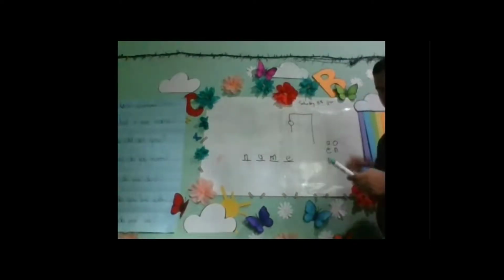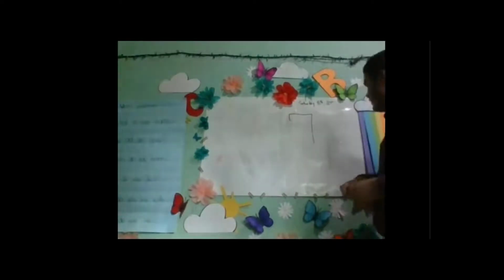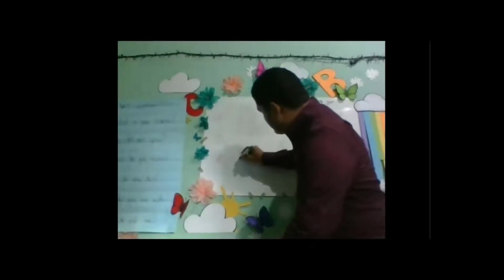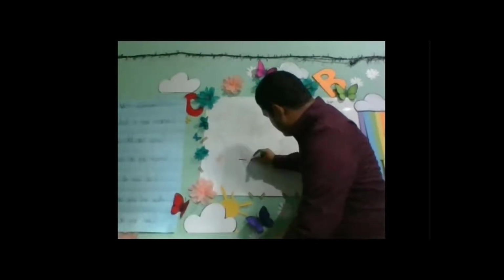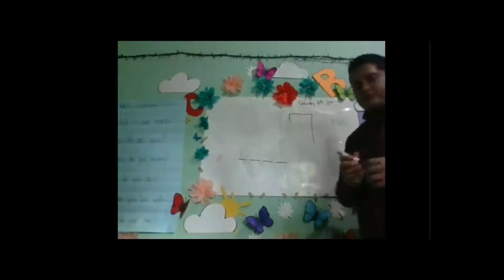You save the little man. Okay. The last one for this activity. I'm gonna write over here the word. The last one is another four letters.